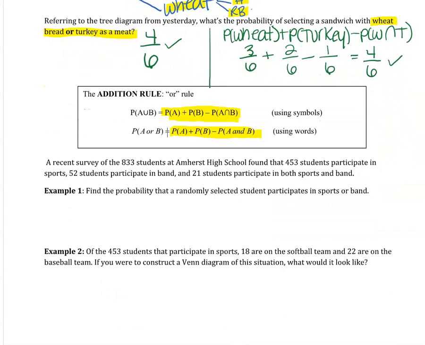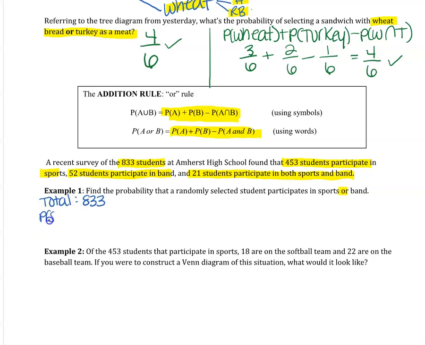All right, so a recent survey of 833 students at Amherst High School found that 453 students participated in sports, 52 students participated in band, and 21 students participated in both sports and band. Find the probability that a selected student participates in sports or band. Okay, so look at what they gave you. You know there's a total of 833 students in our survey here at Amherst High School.